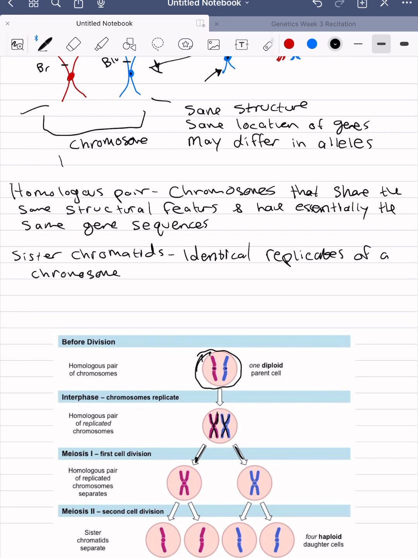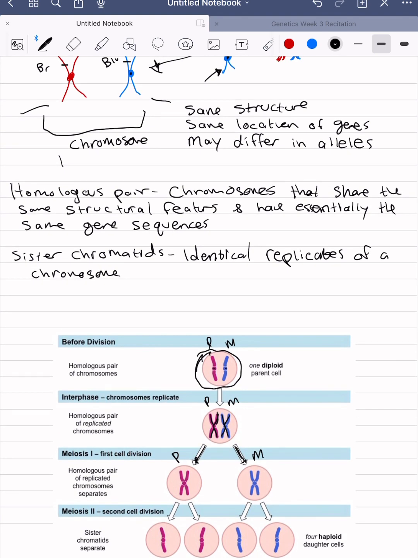One chromosome goes to one side, the other chromosome goes to the other side. So here, let's label this one right here as paternal, maternal, paternal, maternal. So we have the paternal chromosome that's replicated on the left side, and we have the maternal chromosome that's replicated on the right side. That's what occurs in meiosis 1.